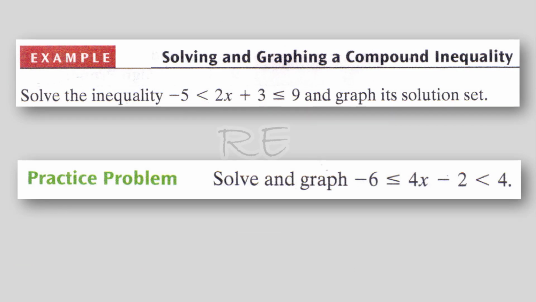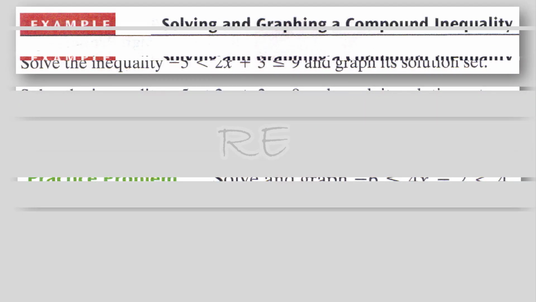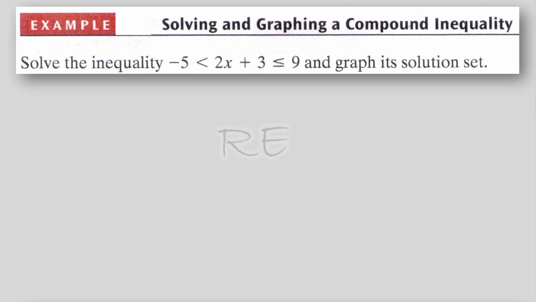Negative 5 is strictly less than 2x plus 3, less than or equal to 9. To solve this inequality, first we're going to subtract 3 from all 3 sides.